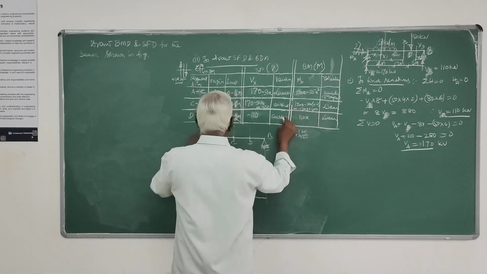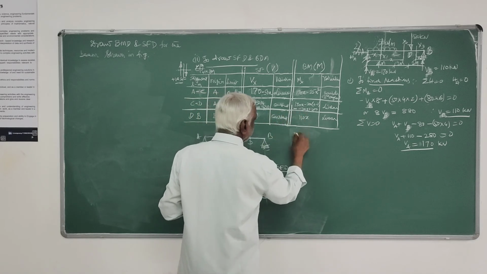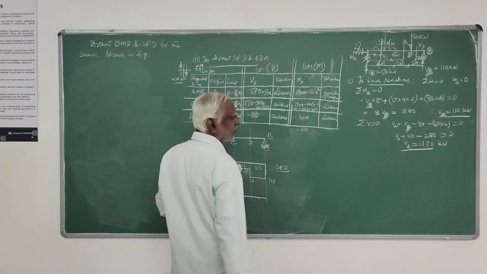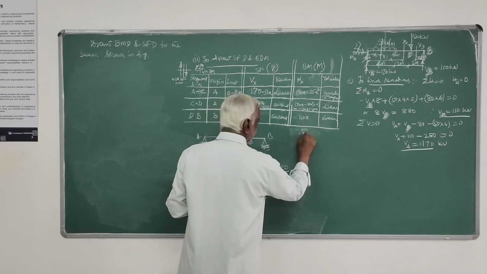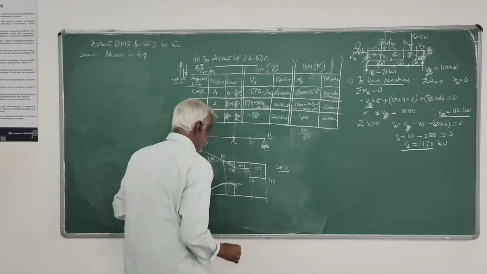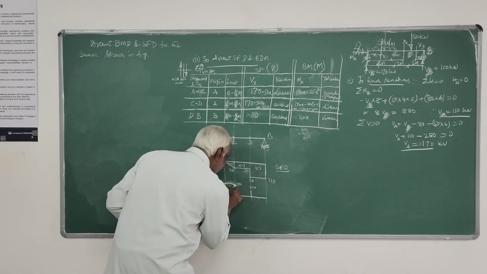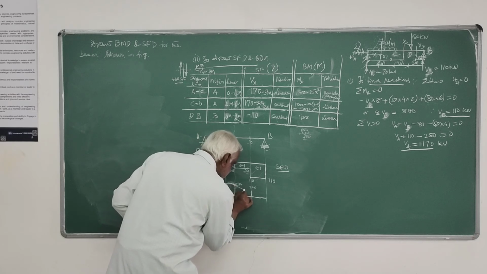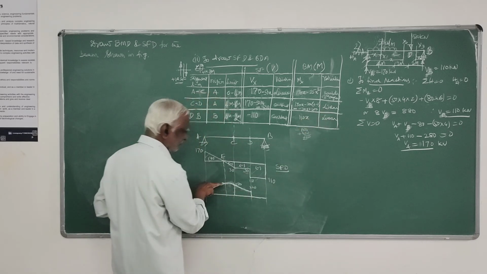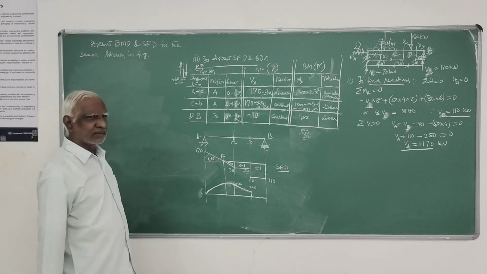Then x equals 6 meters: 30 into 6 is minus 180 plus 400, that is 220. Here to here, the variation is linear. Here it is 280, here it is 220.